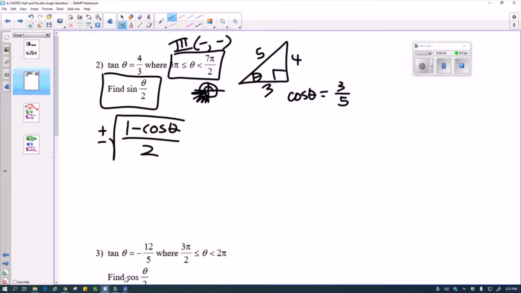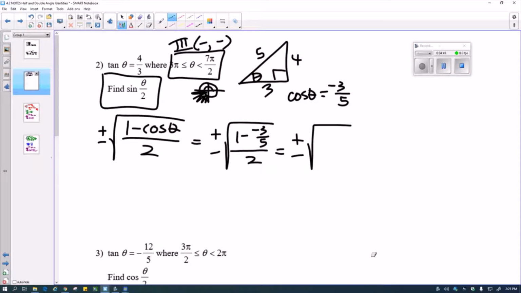That's where I am. That's negative, negative, so the cosine is negative. So when I plug it in here, I have plus or minus the square root of 1 minus negative 3/5 over 2, which is plus or minus the square root of 8/5 over 2.